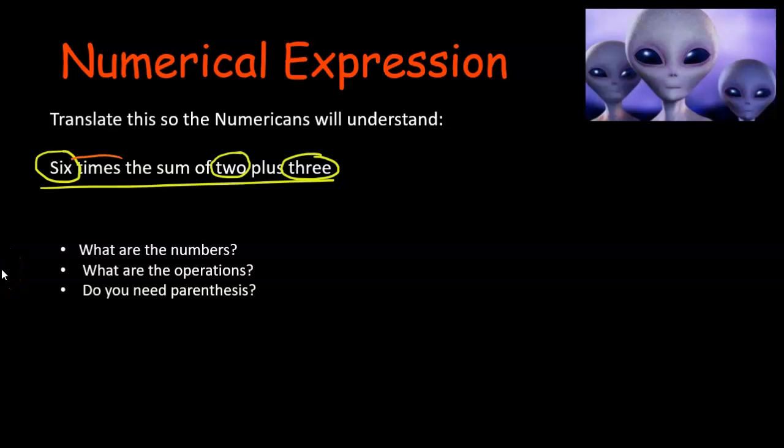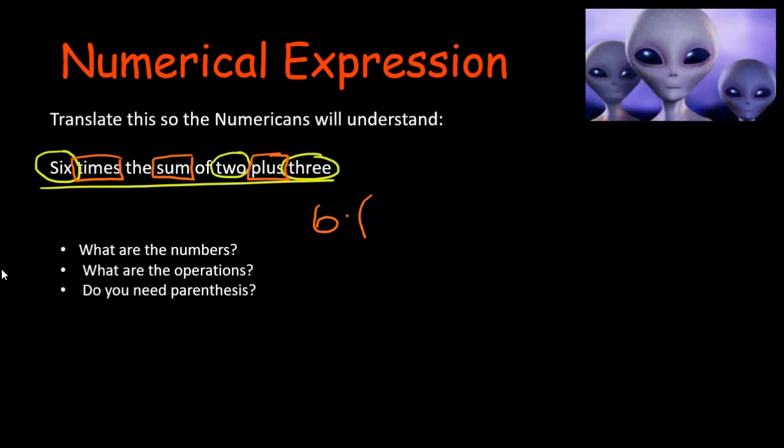So we have times, I'm going to put a box around times, and sum, and plus. So I think I'm just going to start from left to right and write this down. 6 times, I'm going to use a dot, the sum of 2 plus 3.